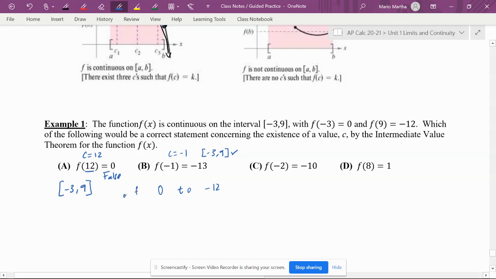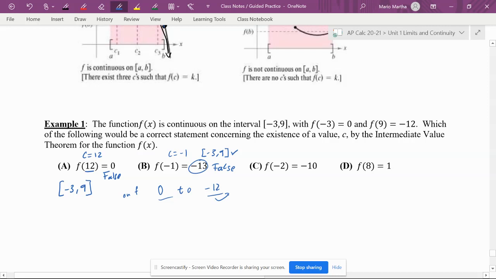So since -13 is outside that range, we cannot guarantee its existence. We can guarantee any number between 0 and -12. But since -13 is to the left of -12, this one's also false.